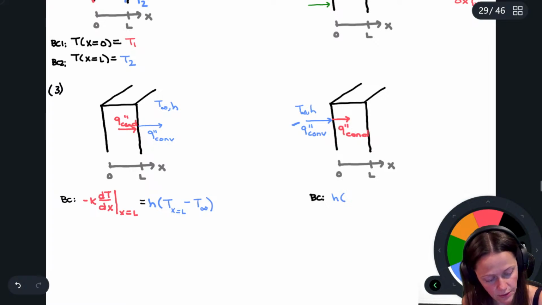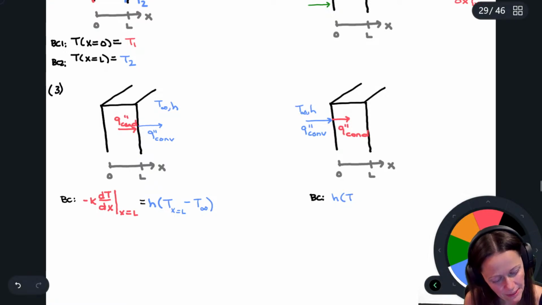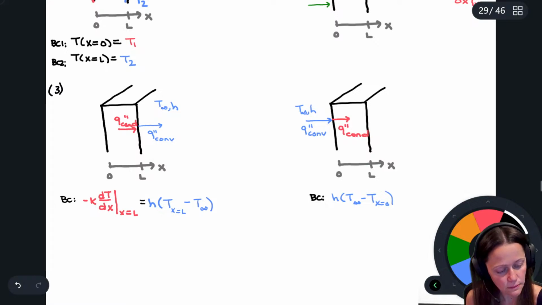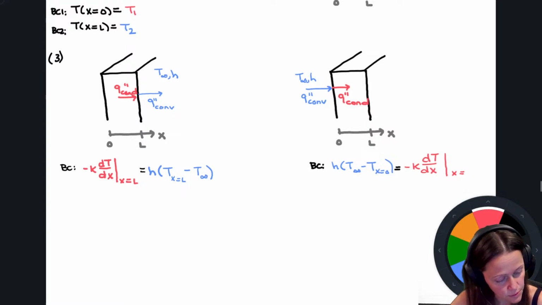Basically, you got to start on that end of the arrow and end up at the pointy end. So T infinity minus T at the surface, which is T at X equals 0. And then you've got negative K dT dx, and this is going to be defined at X equals L. I'm sorry, not X equals L, X equals 0.